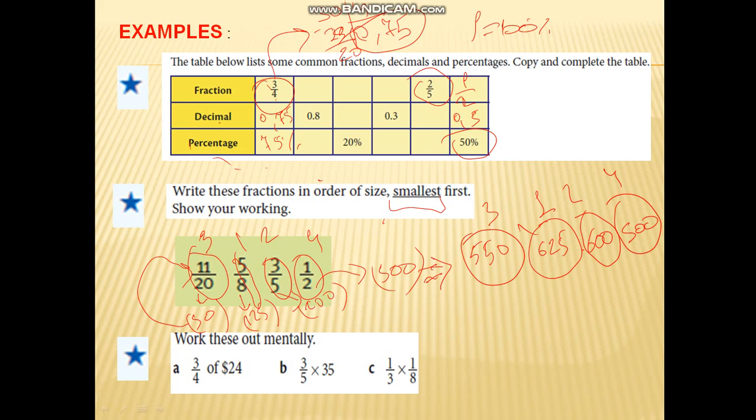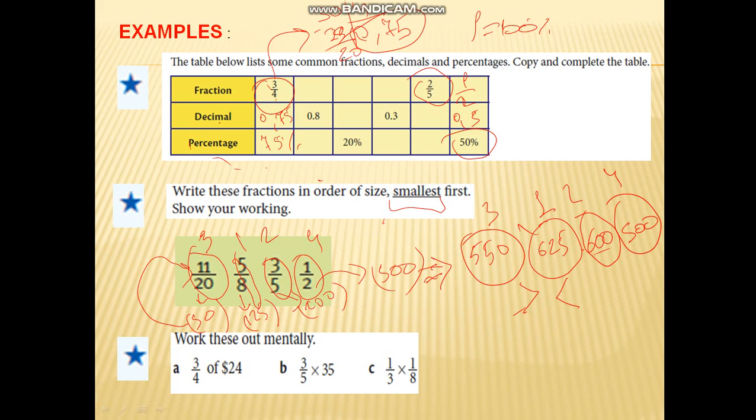The least one is 1 over 2. Now we can compare only the numerators: 550, 625, 600, and 500. You can use the signs bigger than or less than.